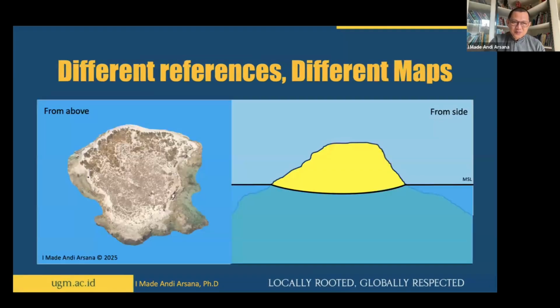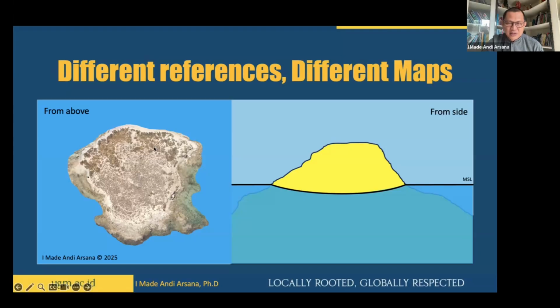Okay, now imagine this. If you see different references, different maps, right? Let's say here is your chart datum, or let's say you use MSL over here. If you use the mean sea level, it will look like this.